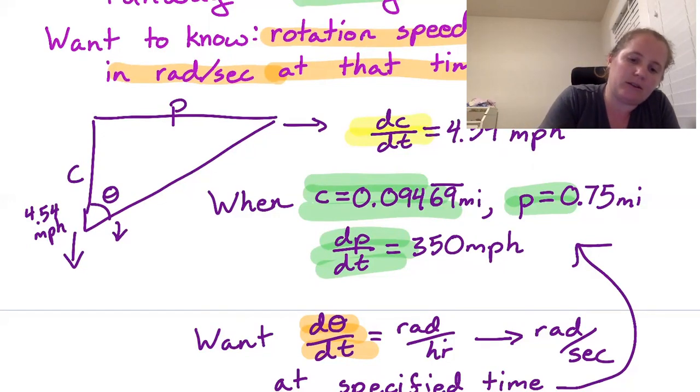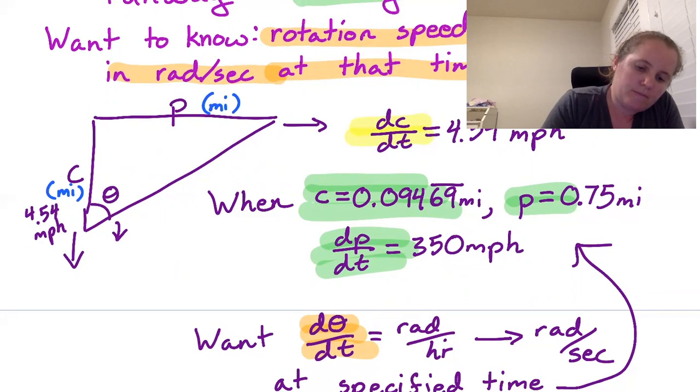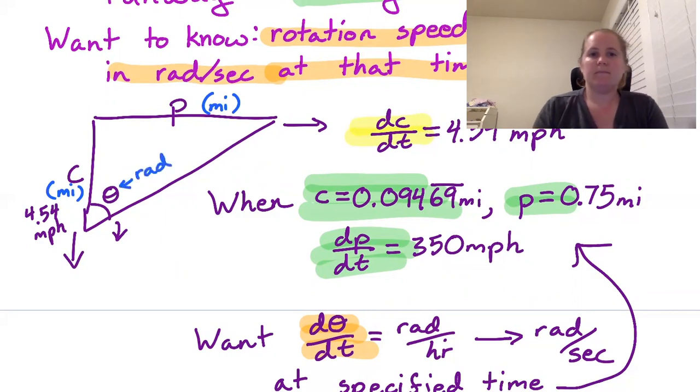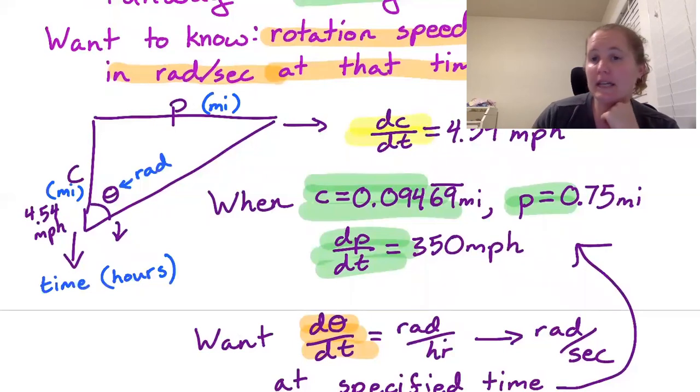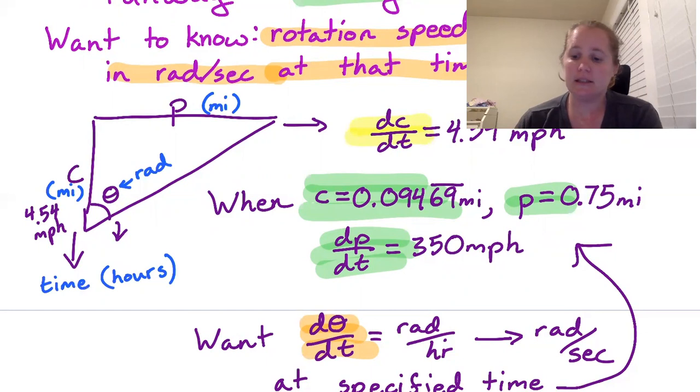So C is in miles. The rate of change, therefore, is going to be in miles per hour. And this is radians, right? And then time is in hours. So again, just making it clear each unit, what it's measuring and what unit it is in.